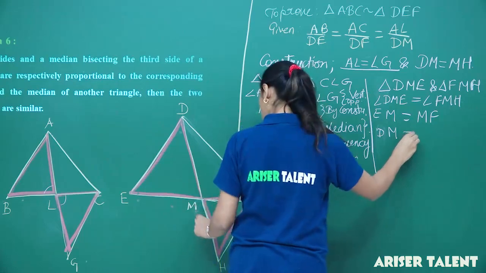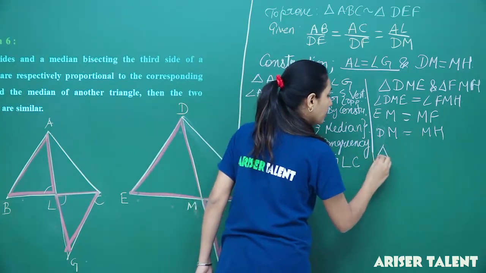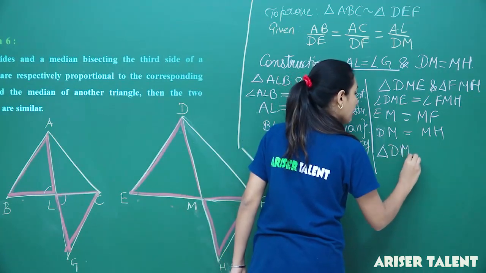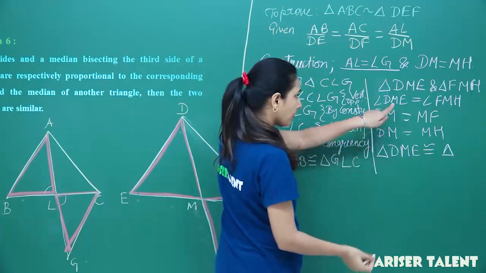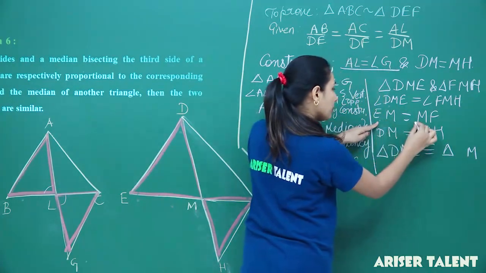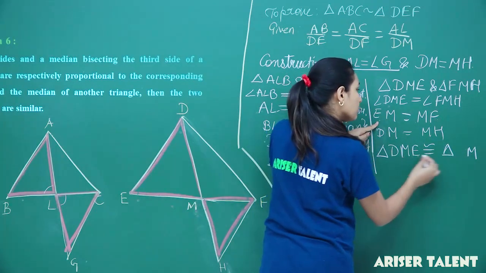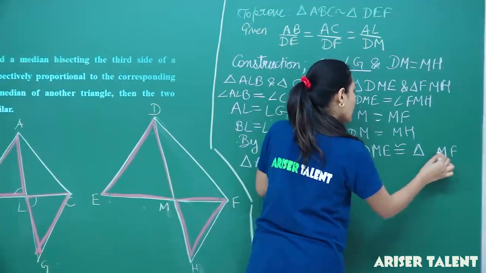DM will be equal to MH. So I can again write that triangle DME will be congruent to triangle FMH. The angle at M is equal, EM equals MF and DM equals MH.